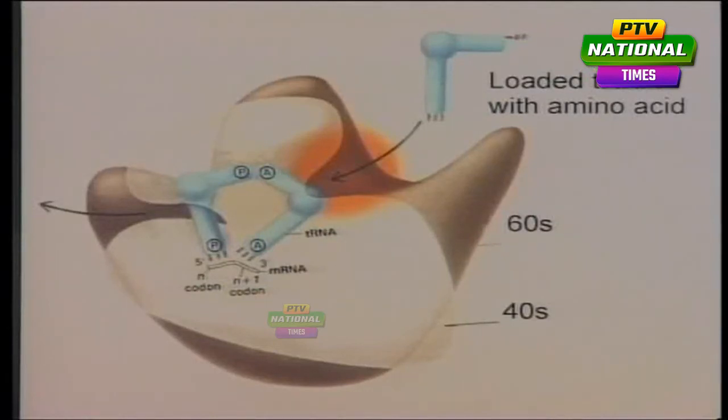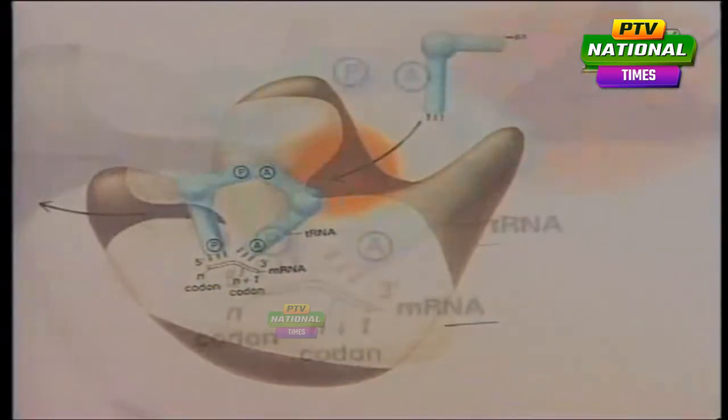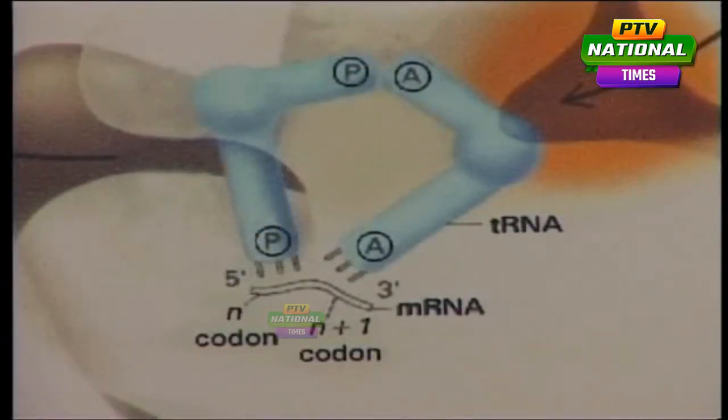Now, the large subunit of a ribosome has basically two sites: the aminoacyl site, designated as A, and the peptidyl site, designated as P. The P site has an enzyme, peptide synthetase, on it.